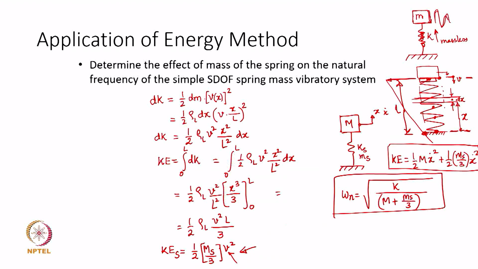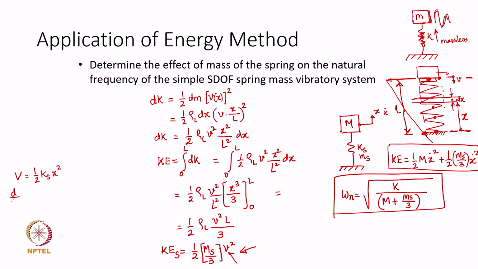So we use this expression of kinetic energy. Maybe if I also show the potential energy expression here, the spring stiffness multiplied by x square, that is the potential energy or strain energy in the spring.